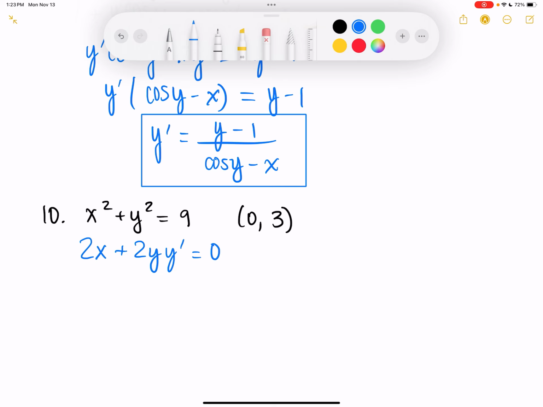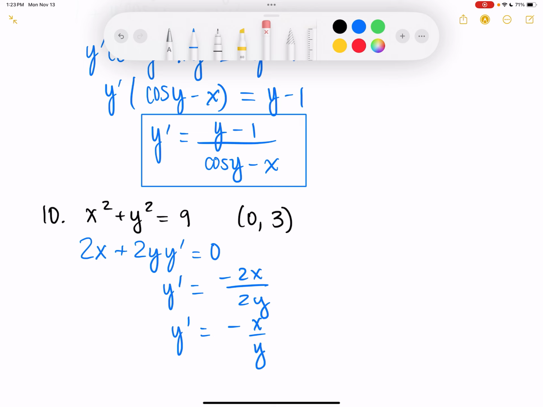Algebra. So I'm going to subtract the 2x and divide by 2y. So y prime is equal to negative 2x divided by 2y, which gives me negative x over y.